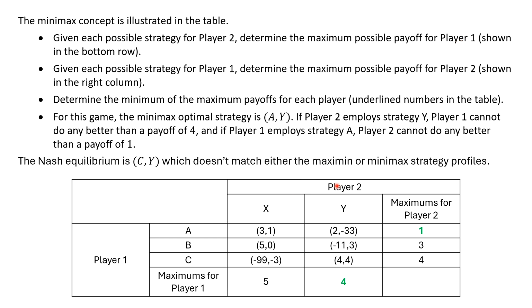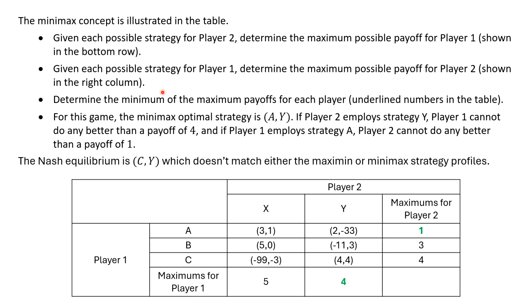So when player 2 plays X, the maximum that 1 could get is 5. When player 2 plays Y, the maximum would be 4 for player 1. And then we take the minimum of these two maxes, so that would be 4.